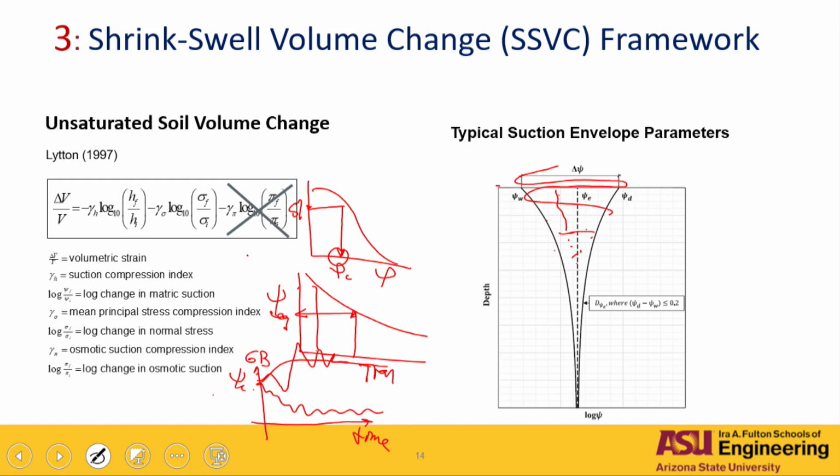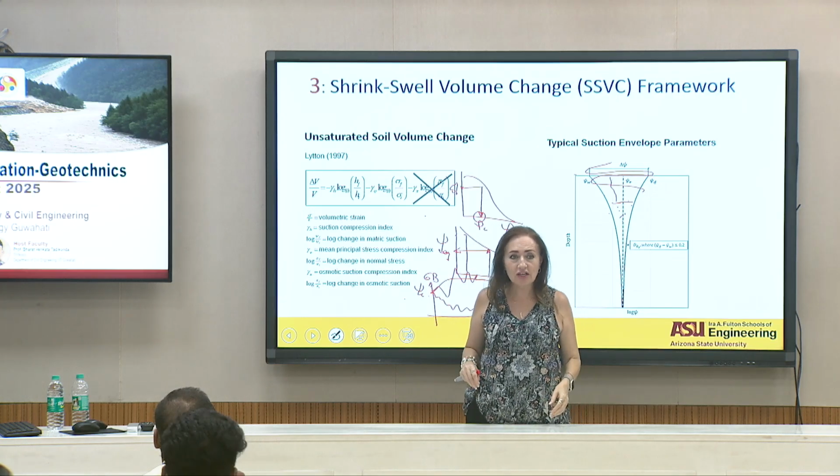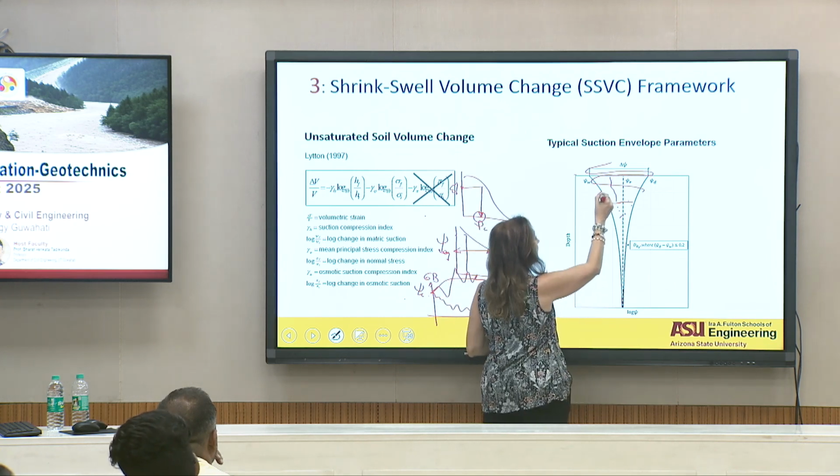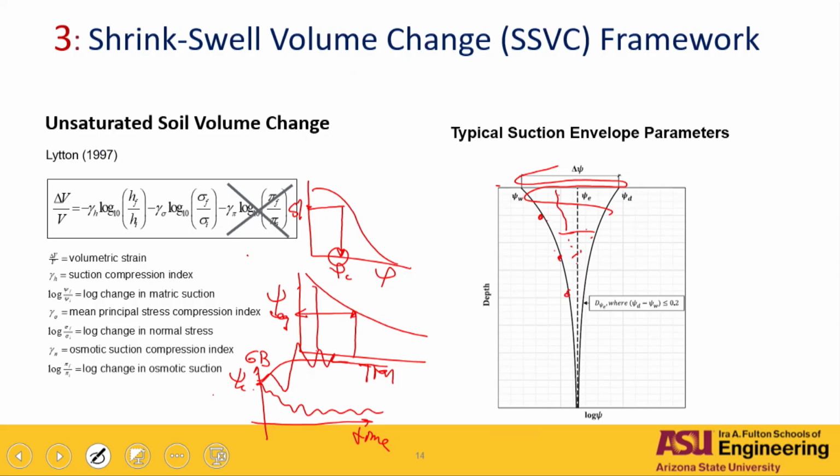So we're going to need this change in suction with depth. At this point, or this point, or this point, there are two stress state conditions applying: the suction value that you have, plus the overburden pressure that you have in here, which represents your net normal stress.